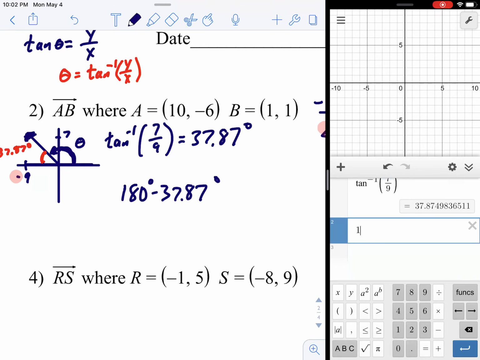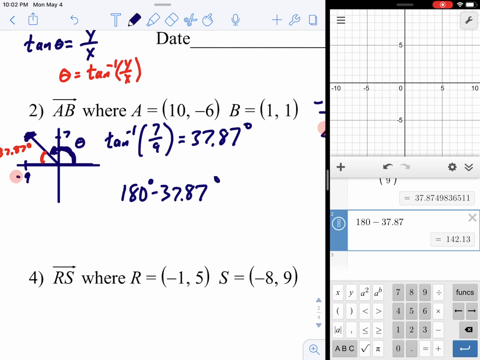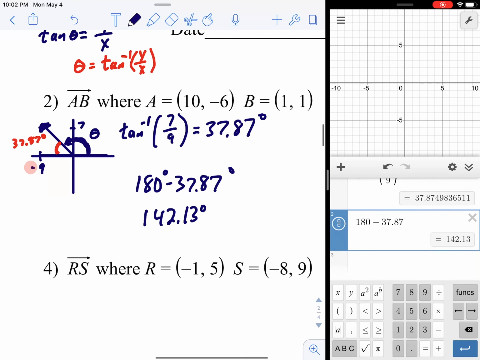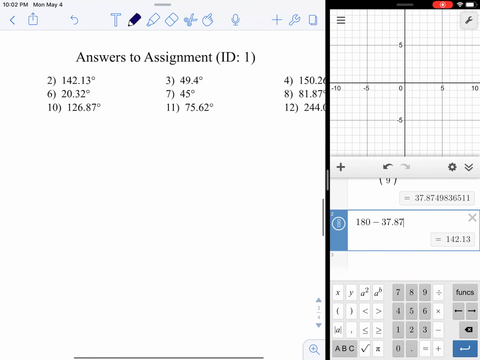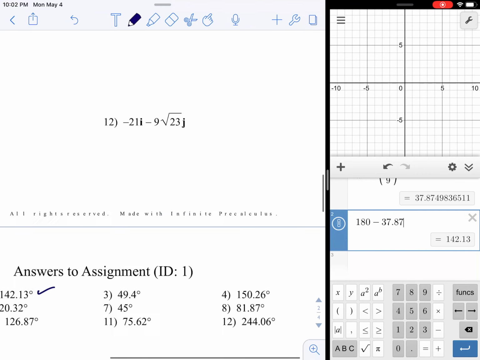So 180 minus 37.87 is 142.13. So the direction of that vector is 142.13 degrees. Let me come down here, and you see it right there.